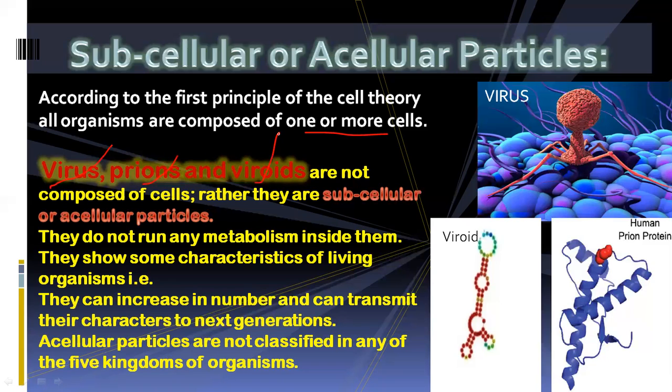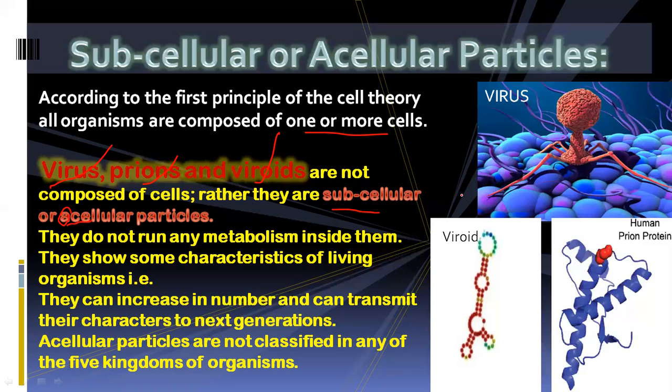Monera, like prokaryotes, protists, fungi, plants, and animals. So those which do not participate in any of the five kingdoms, we call subcellular or acellular particles. A means without, cellular means cells. So these are said to be particles, not organisms.